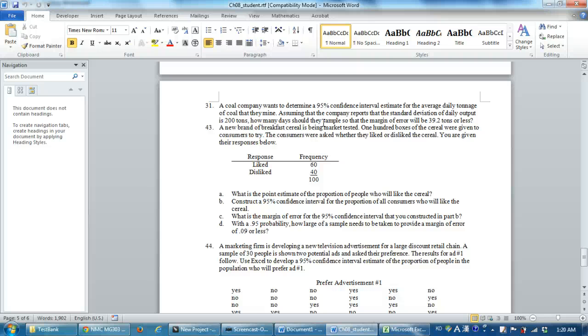Assuming the company reports that the standard deviation of daily output is 200 tons, how many days do they need as a sample so that the margin of error will be 39.2?